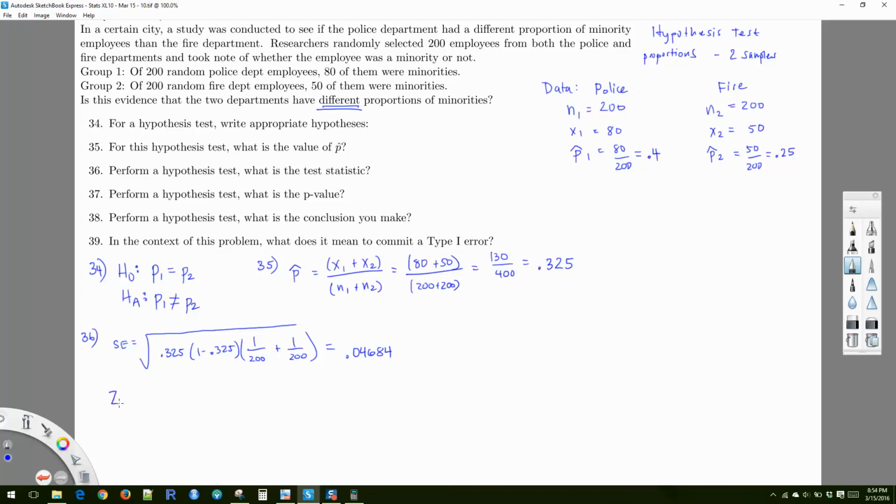So my z-score is going to be p hat 1 minus p hat 2 divided by our standard error. I get 0.4 minus 0.25 divided by 0.04684, and I get 3.20 as my z-score.